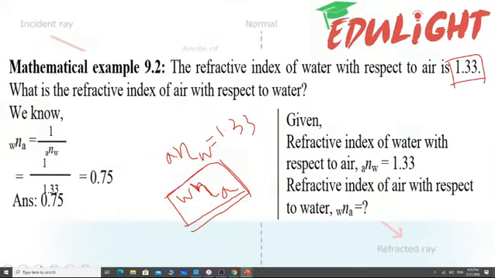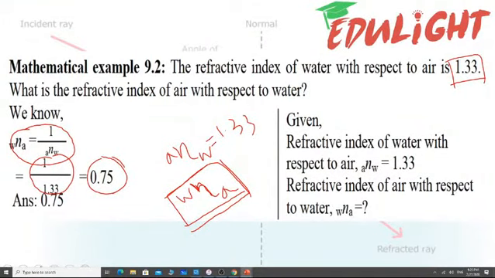So how can you find this expression? W eta A, simply from this relation that was discussed a while ago on your previous slides. By using this formula you can get it, and it will be 0.75.